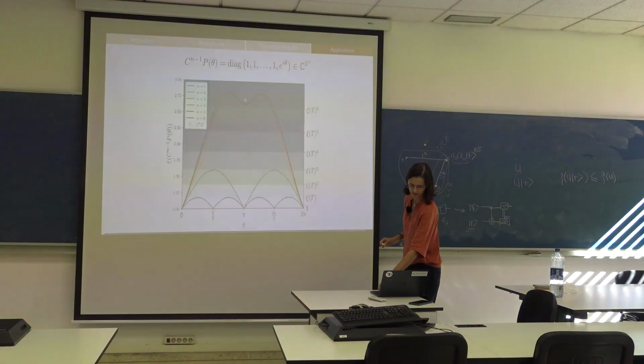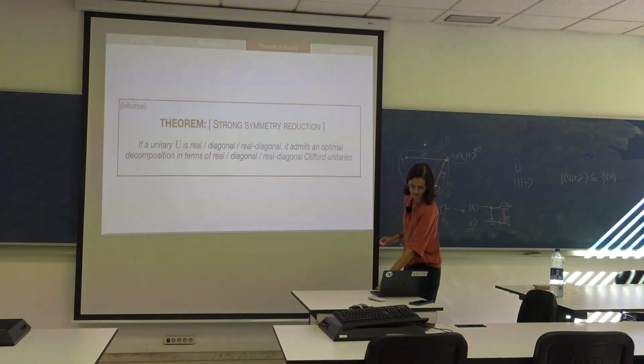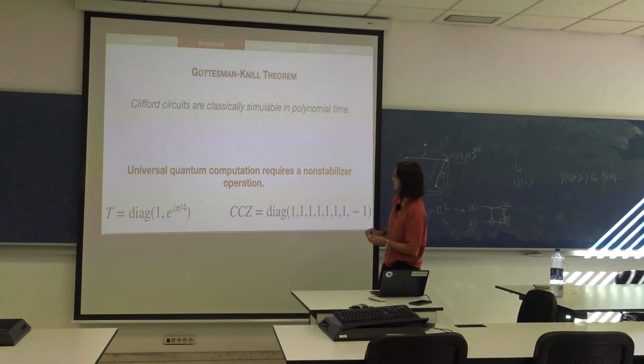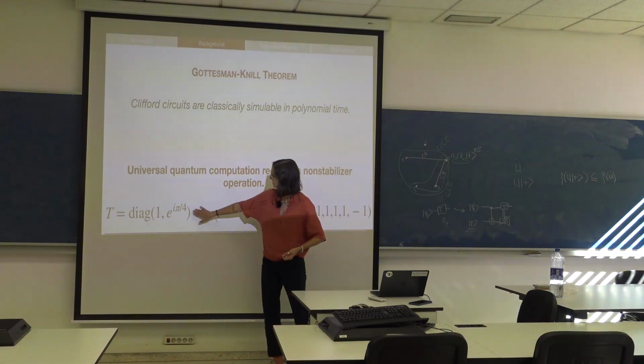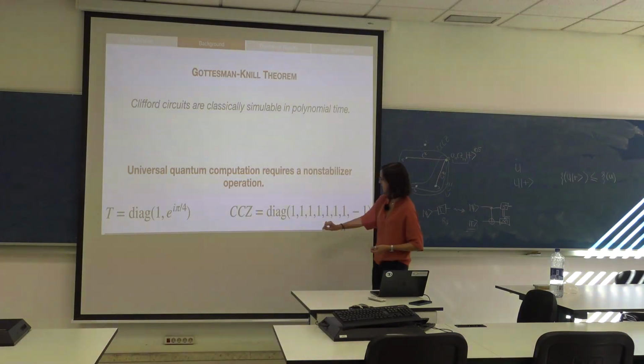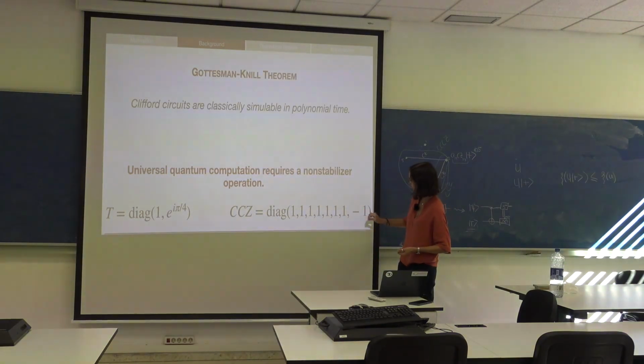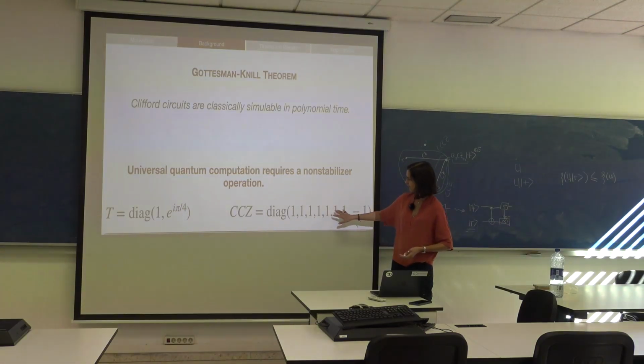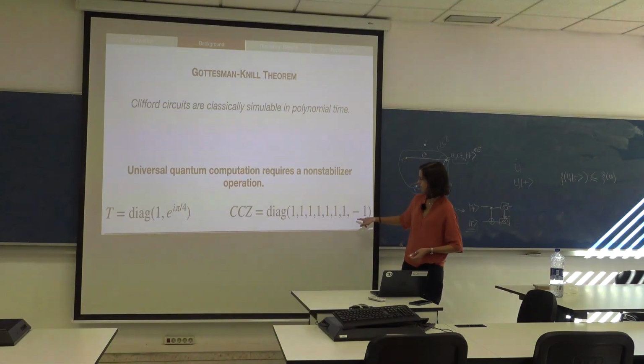These are the gates that are challenging. The T gate is not a Clifford gate, does not map Paulis into Paulis, and controlled-Z is also difficult because it's a non-Clifford gate.